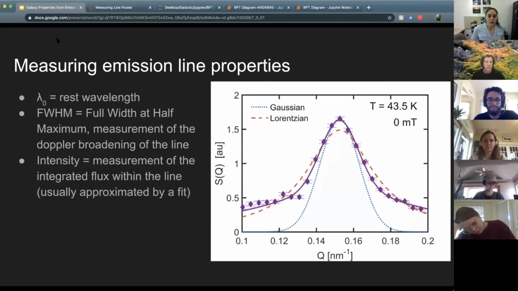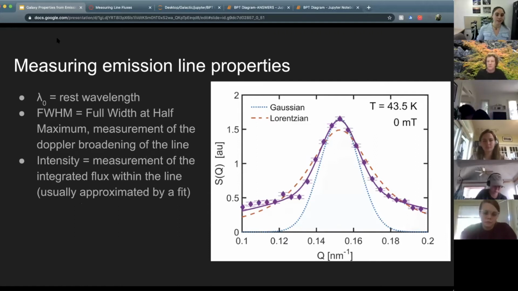Today we're going to focus on other things we can learn from emission lines besides the kinematic properties of a galaxy. To get started, I wanted to first look at what emission lines might look like, but also start with a kind of silly quote from one of the readings I did about measuring emission lines from galaxies.